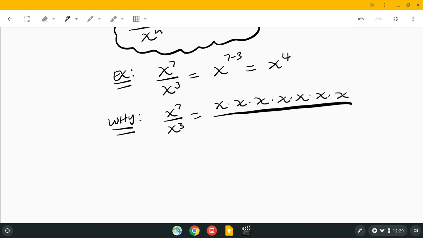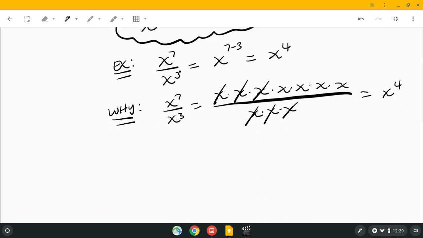And x to the 3rd means this, right? And x over x is 1, x over x is 1, x over x is 1. And we see here that I am left with x to the 4th. Okay, so here you can think of it as canceling. These three cancel with 3 of these up here, leaving you with 4 up here.